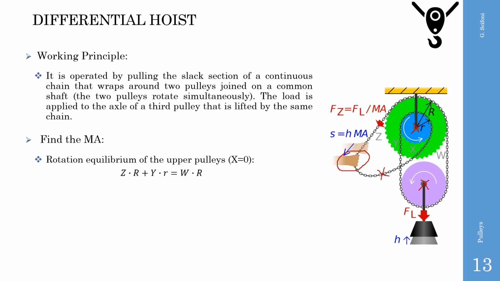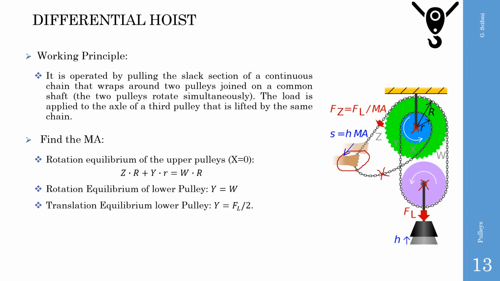Therefore, z times capital R, where capital R is the radius of the bigger pulley, plus y times r, r being the radius of the small pulley, equals W times capital R. The rotation equilibrium of the lower pulley says y equals W. And the translation equilibrium of the same pulley says y equals load divided by 2.